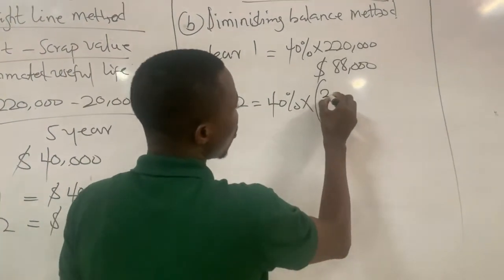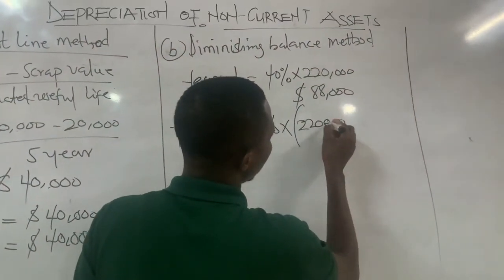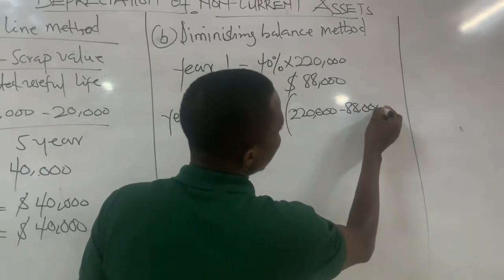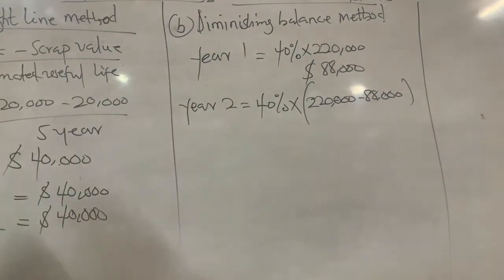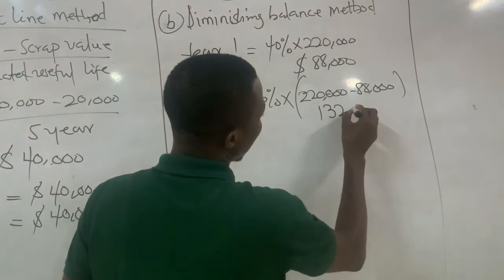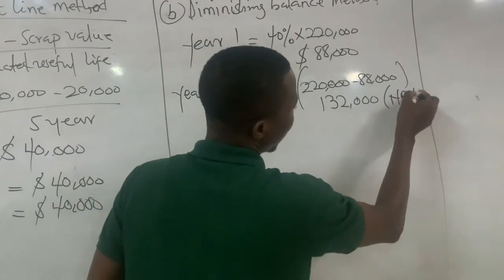Okay, so 220,000 minus 88,000. Is that okay? And when we take this from this, we are going to arrive at $132,000, and this is the net book value.